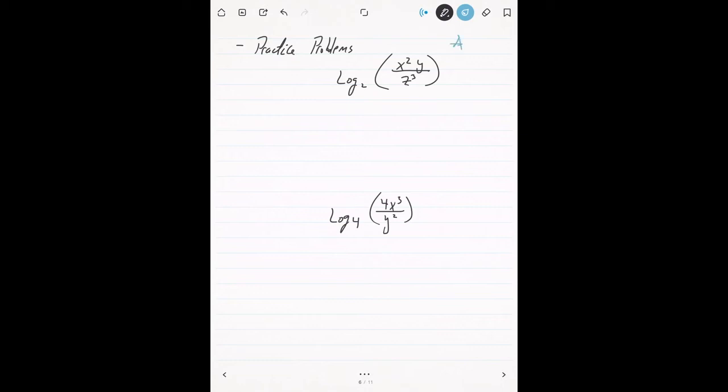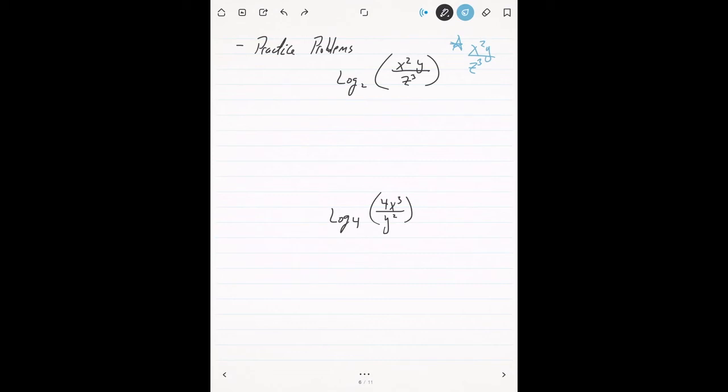Make sure you know what you're working with. Here the argument is x squared y over z cubed. Okay, is there an exponent out front? If there was, I can bring that down. So there's no exponent here for the entire argument, okay? So I don't have anything to bring out front.